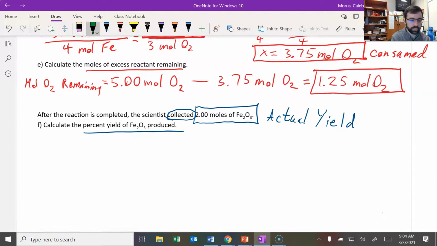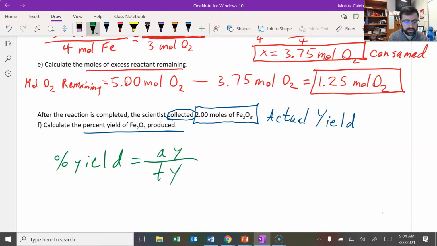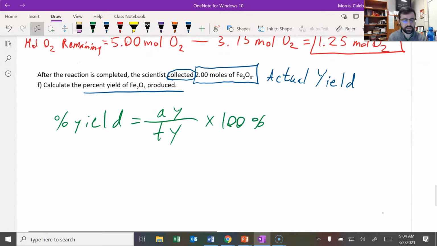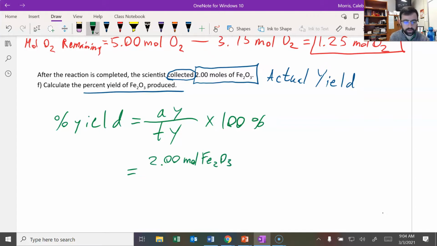It wants us to find the percent yield. Percent yield is actual yield over theoretical yield times 100%. That's the formula. Actual over theoretical times 100. So our actual yield is 2.00. Make sure you're looking at the right substance. It's Fe2O3.